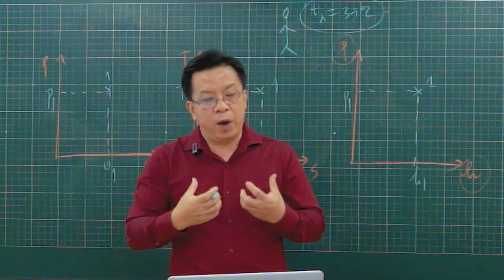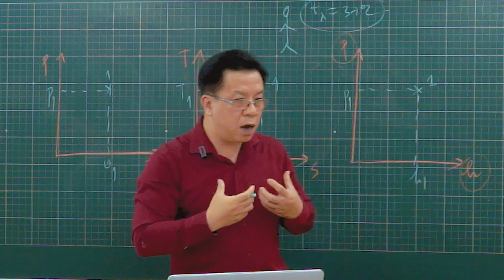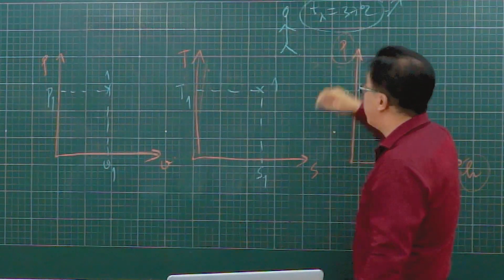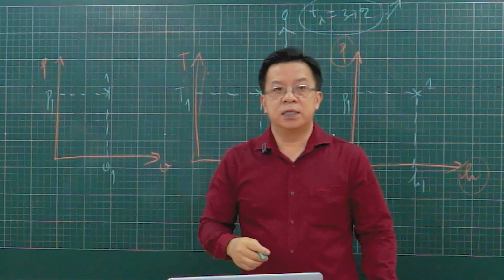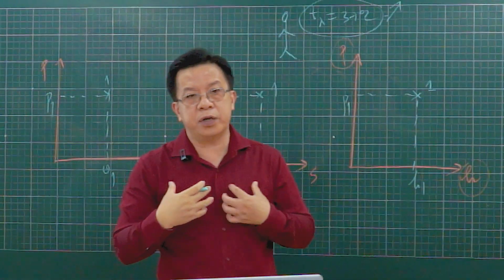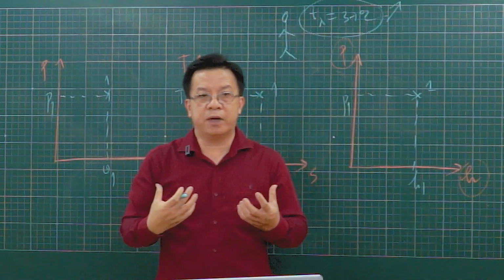So when the temperature of your body is more than 37 degrees, in that case, you have a fever, or we say you are hot.